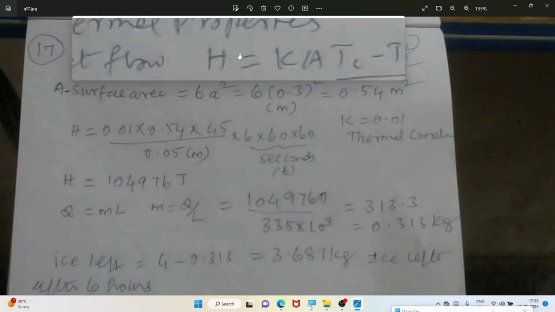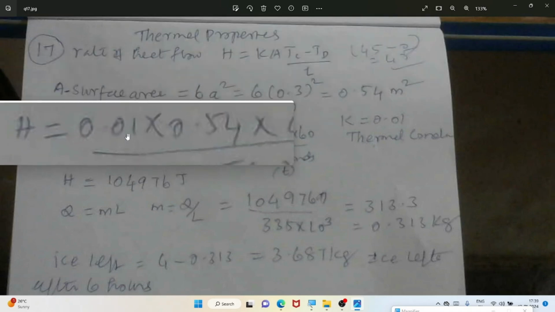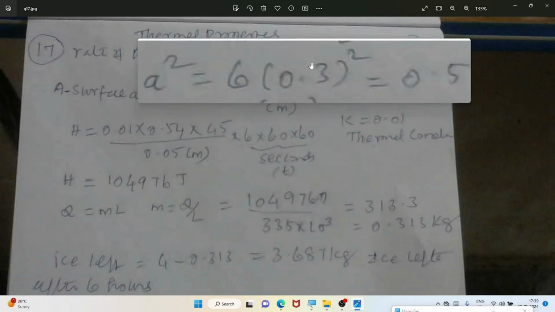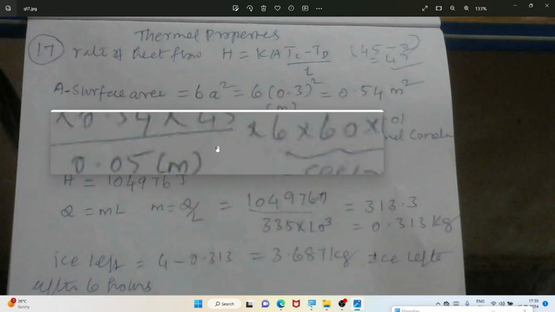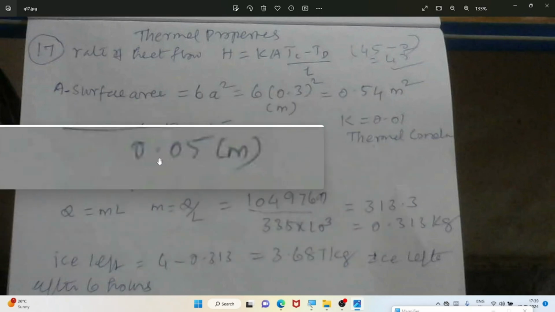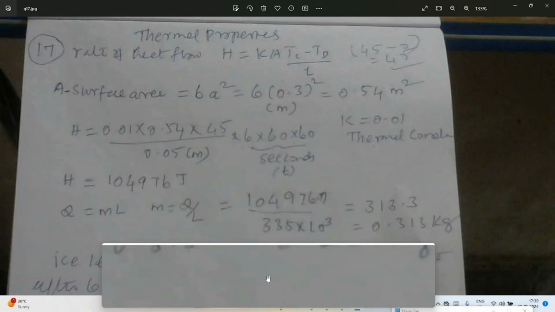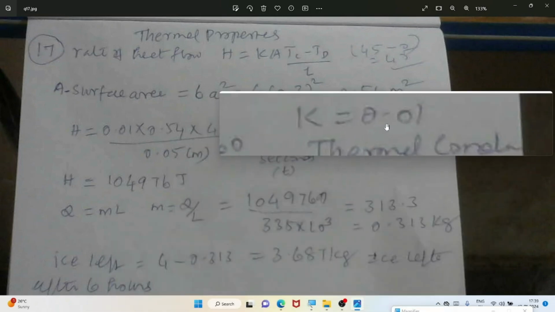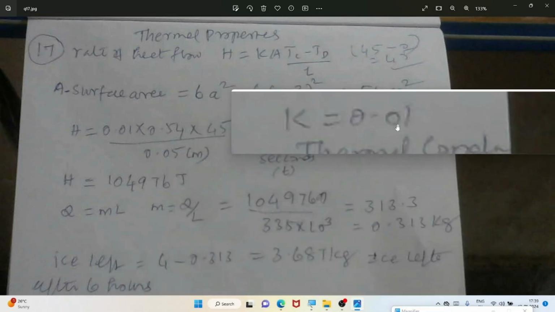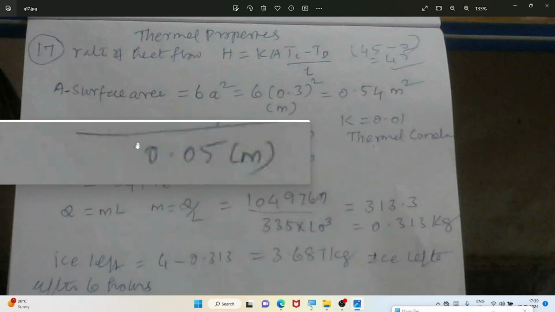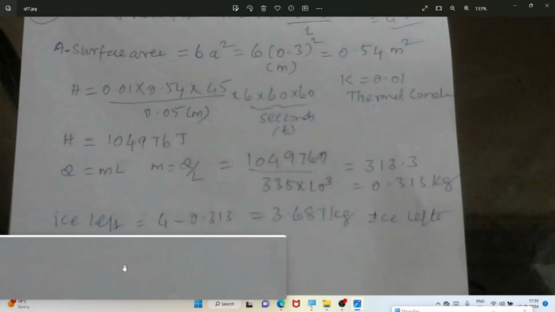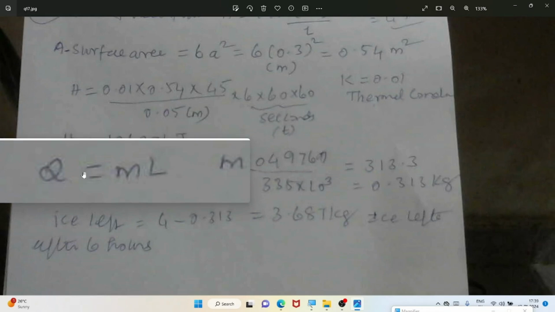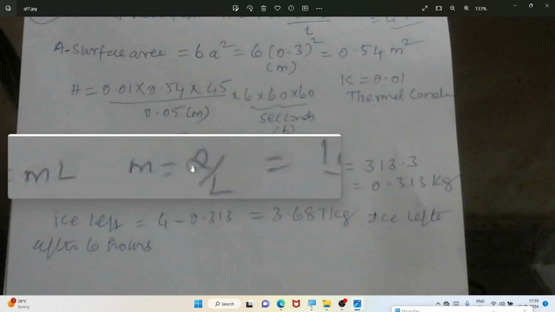Now using this formula, K A times this difference in temperature, divided by this thickness, which is also in meters. This is the thermal conductivity, K is 0.01. So this much is the heat, Q equal to mL.